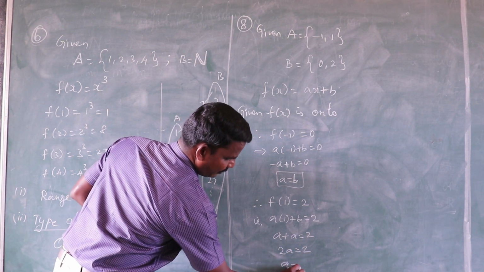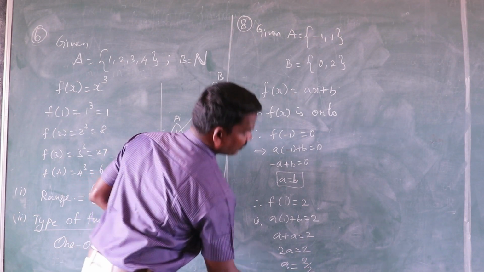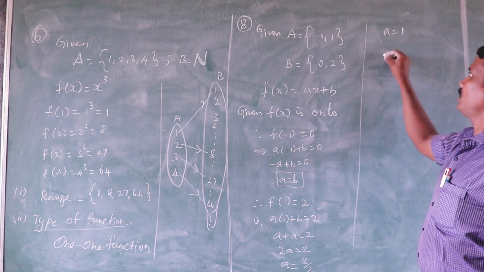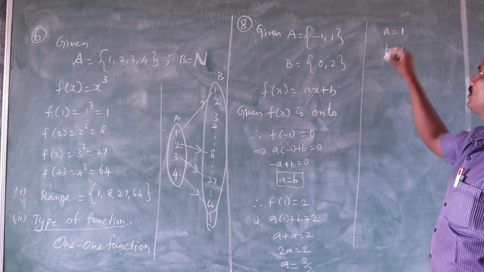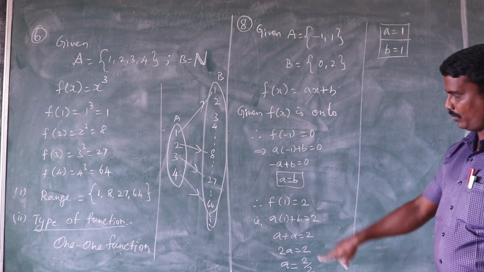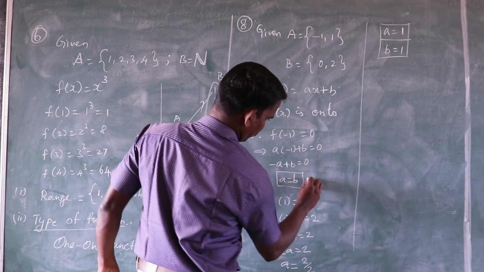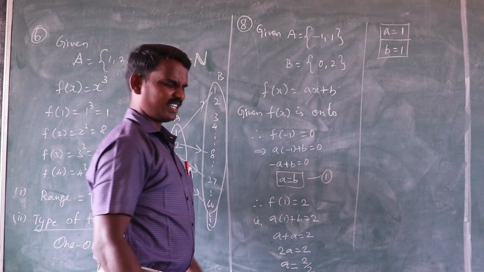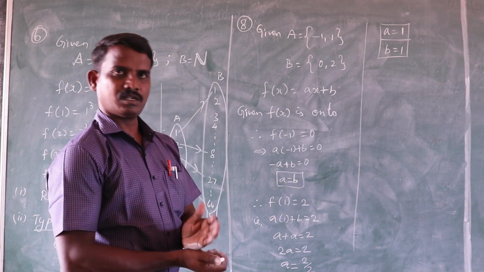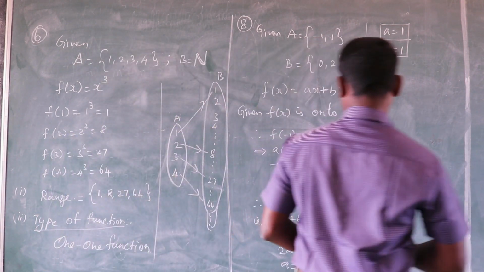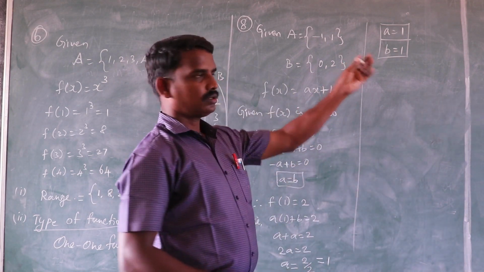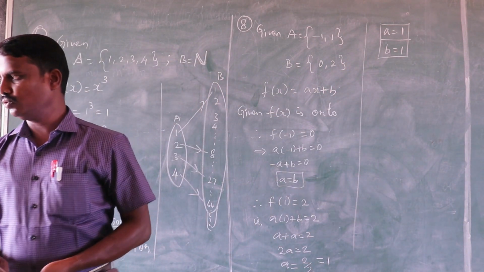What is the value of a? 2 divided by 2, that is equal to 1. So a equal to 1. Also, what is the value of b? Because a equal to b we find here. Otherwise we can mark this as equation number 1 and substitute here like that. So 2 by 2 that is equal to 1. So a equal to 1. So the value of b is also equal to 1.